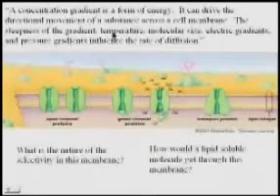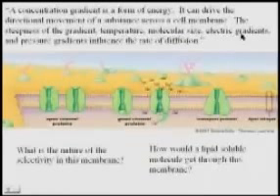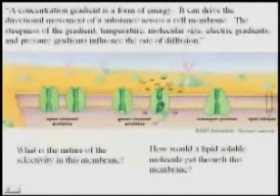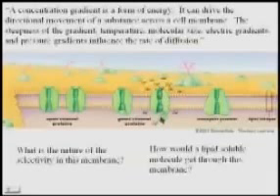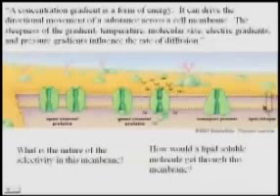So the steepness of the gradient, temperature, molecular size, electrical gradients, and pressure gradients influence that rate of diffusion through the protein transport molecules. So the properties of protein-mediated movement across the cell membrane will differ in many ways from the simple diffusion across the lipid bilayer.